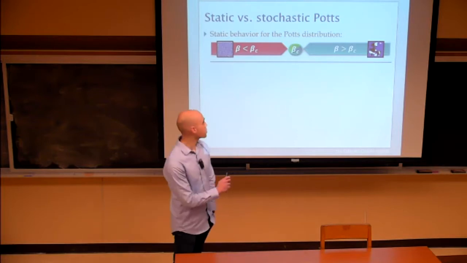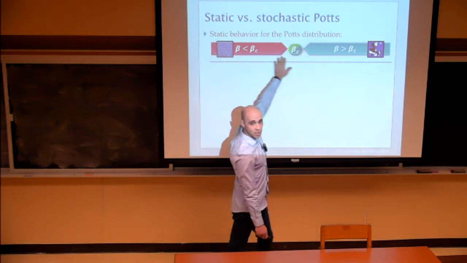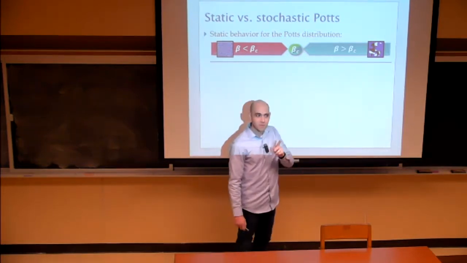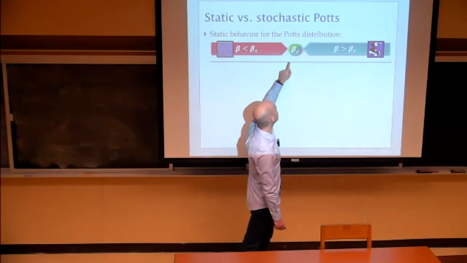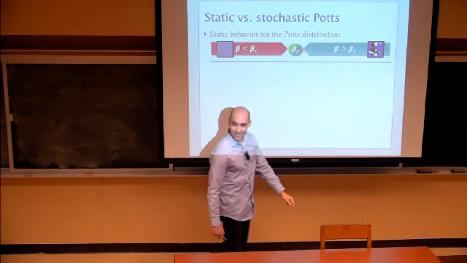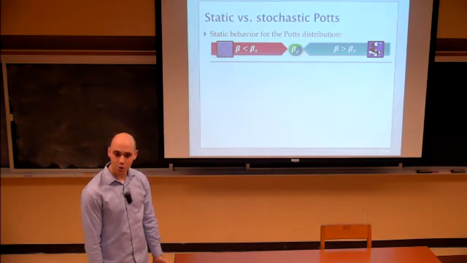Okay, what about the Potts model? Again, a similar picture: high temperature, low temperature, critical temperature. Some of you may notice that I tried to color this critical point in two colors. Before, we had green for a power law.